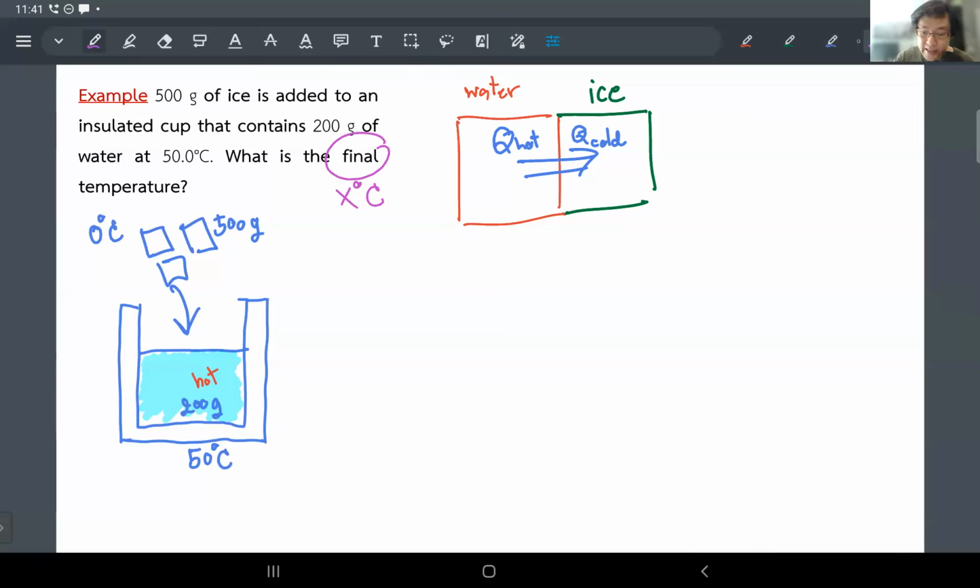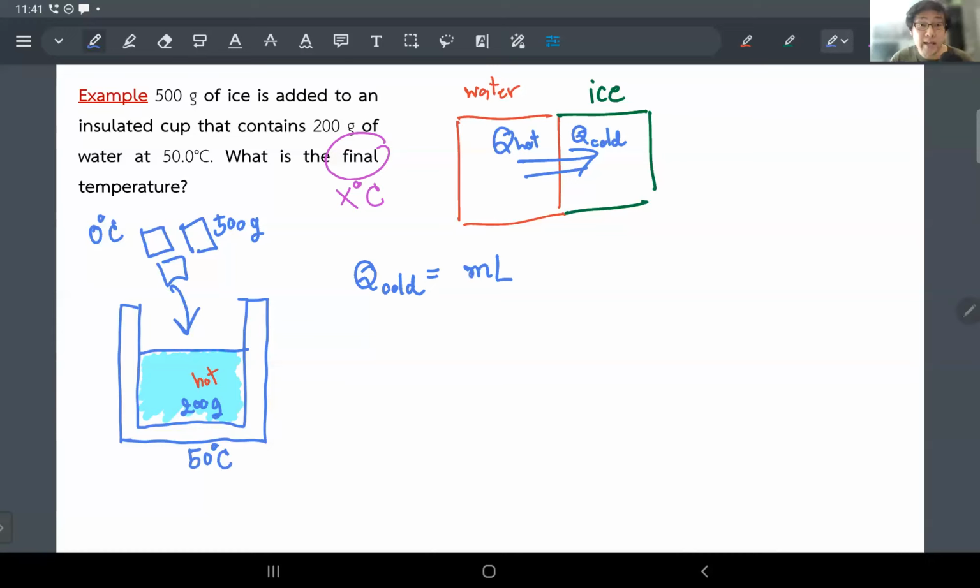The ice will receive energy, so Q cold is going to be equal to, first thing first, the ice has to melt. If the final temperature is X degrees Celsius, it first has to melt, so you do mL first.